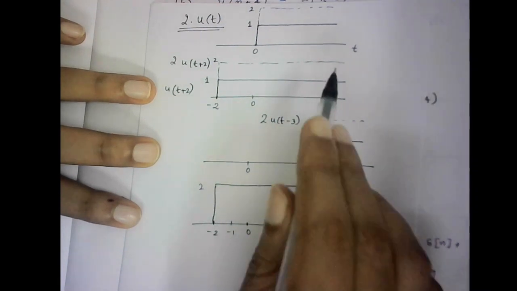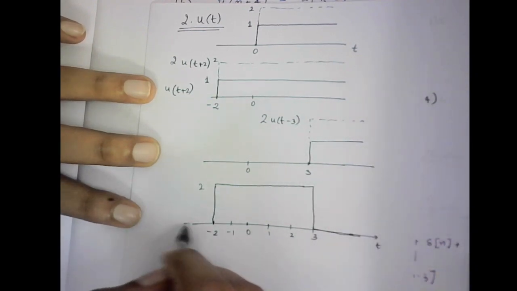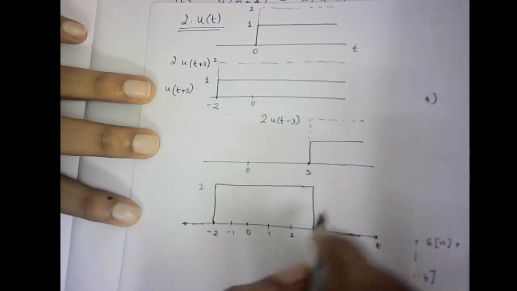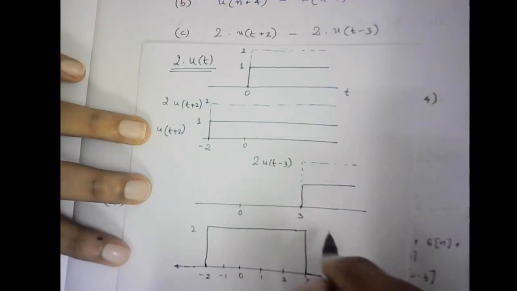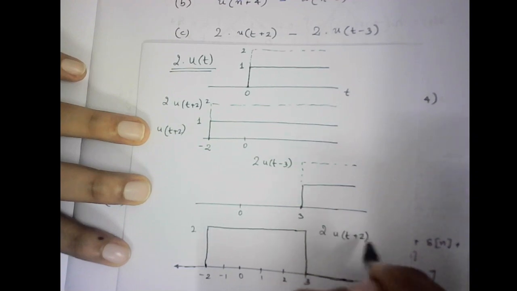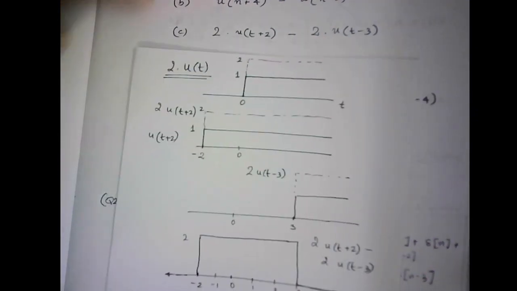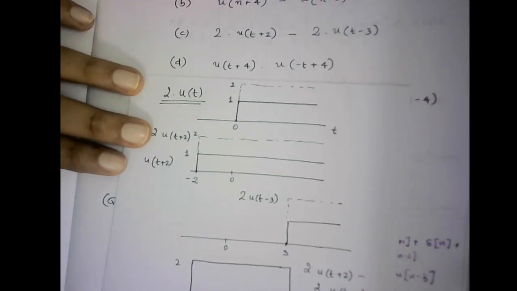After 3, it becomes 2 minus 2, which is 0. So this is t, this is 0, and the signal in the question is 2 into u of t plus 2 minus 2 into u of t minus 3. Okay, so that is about this third question.